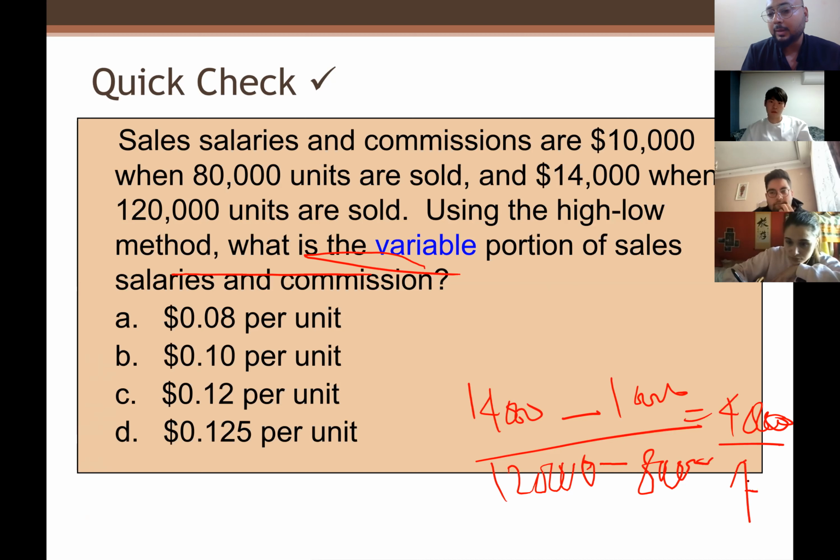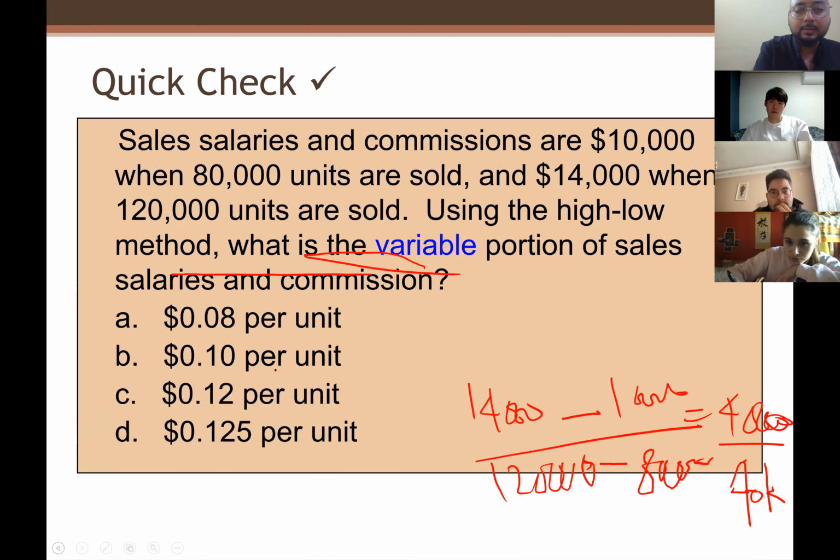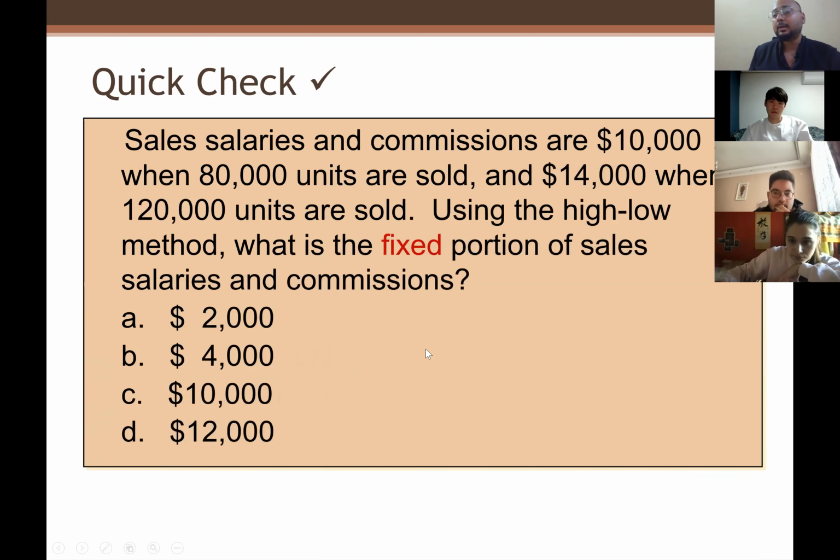Answer is going to be B, 0.10. Okay? If you understand the B is correct, then what is the fixed portion? Can you find out? Find out.